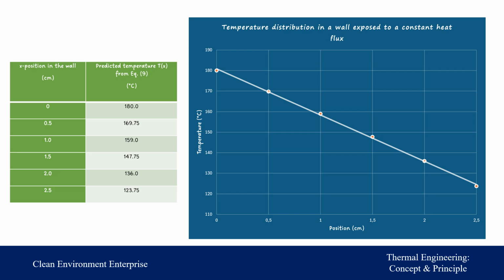Then it is a linear variation, down from 180 to 123.75 at the wall exposed to convection as shown in this graph.